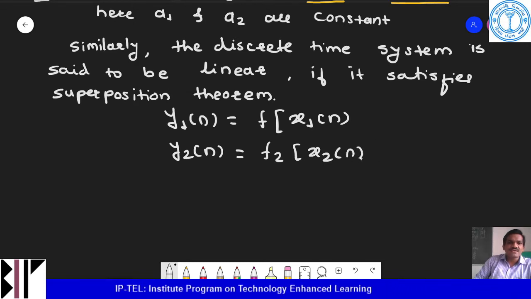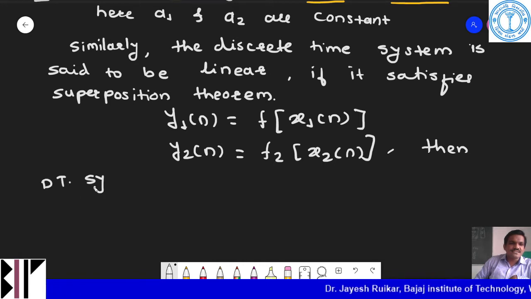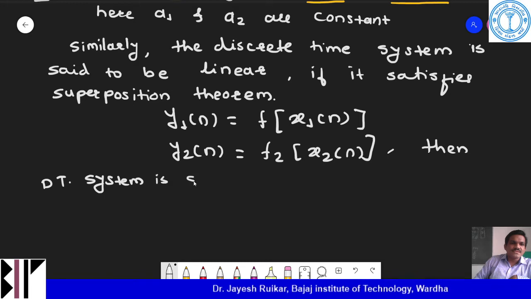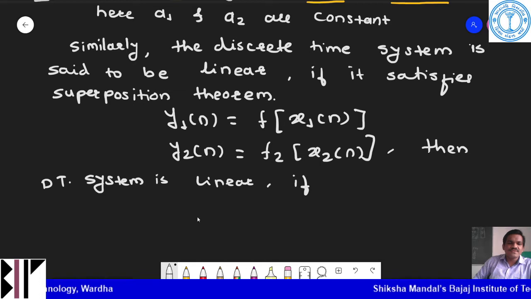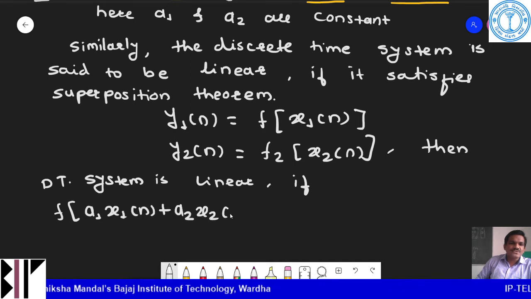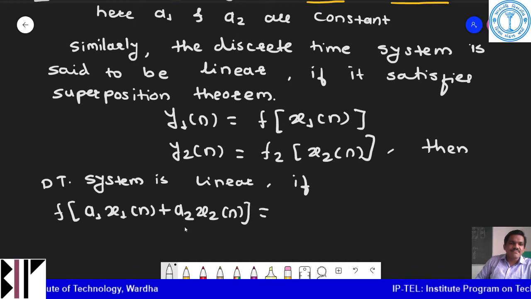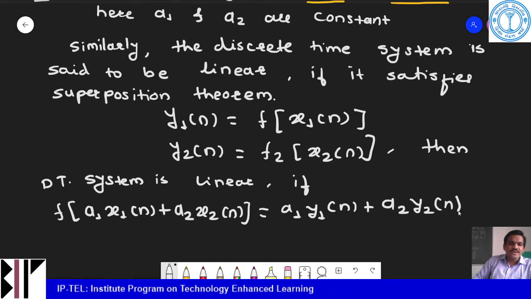Then a discrete time system is linear if the function of a1 x1 of n plus a2 x2 of n, which is the combined response, equals the individual responses, that is a1 y1 of n plus a2 y2 of n.